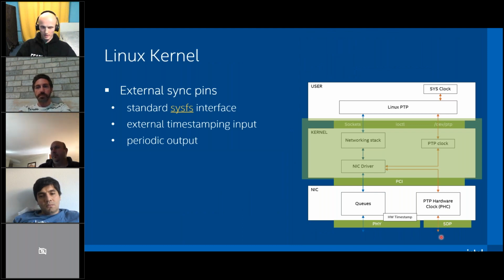External timestamping is the use of the external pins that are exposed by our NIC, and those pins can be used to actually synchronize our PHC clock to the external time source. No, I know the mechanism, like taking a snapshot.